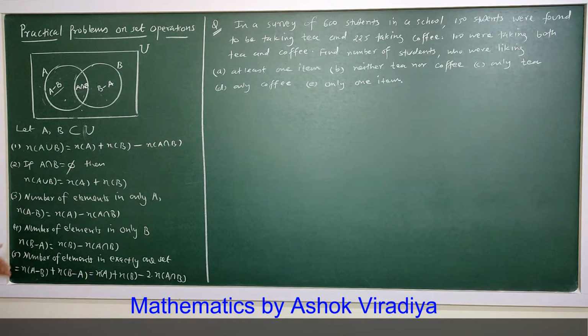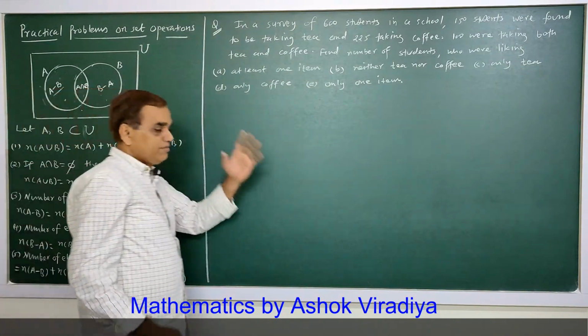So these are the results to count number of elements in union or in intersection or in only one set. So now application of this result in this problem.